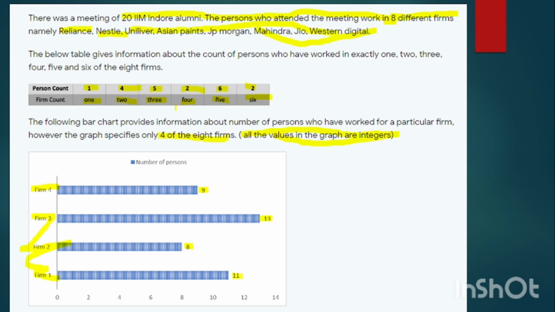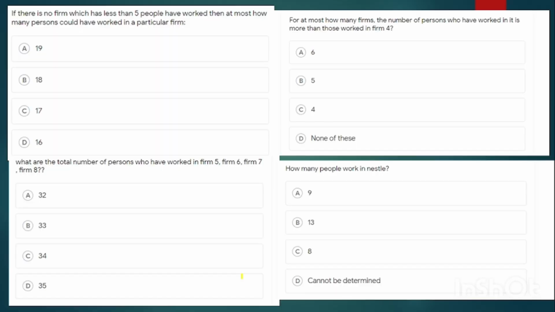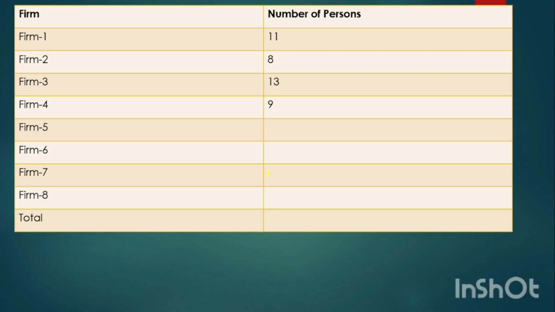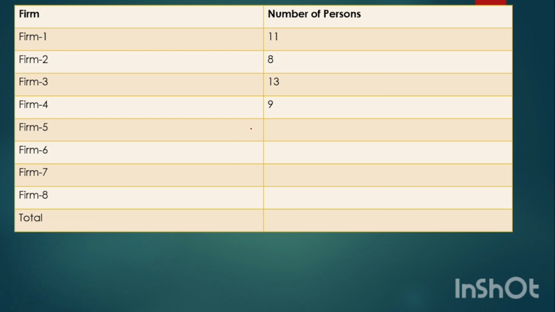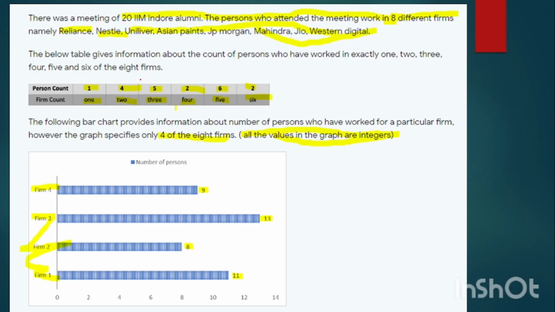Now how to proceed with these types of sets? We are given that 11 persons worked in firm 1, 8 in firm 2, 13 in firm 3, and 9 in firm 4. From the table I can get the total number of persons counted across firms.